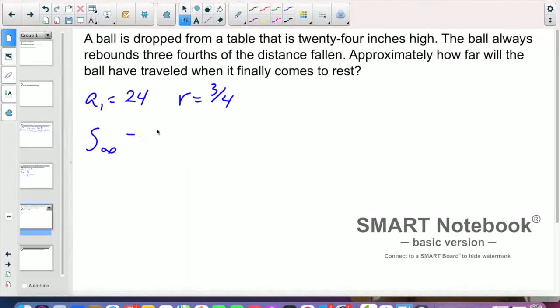So S sub infinity equals A sub 1, which is 24, over 1 minus R, or 1 minus 3/4. That gives us 24 over 1/4, which is 96. And in this problem, it would be 96 inches.